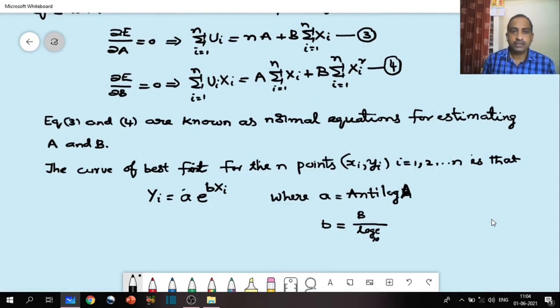So this is nothing but the curve of best fit for the given n data points x, y, where a equals antilog of A and b equals capital B by log e, right? So thank you for watching this video.